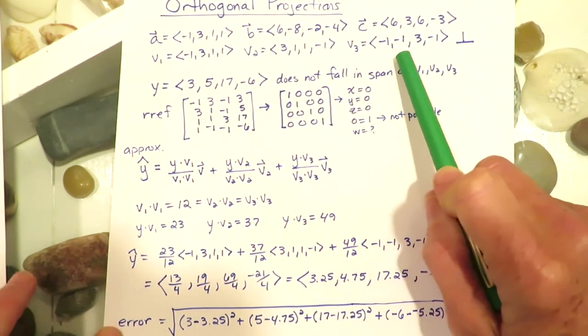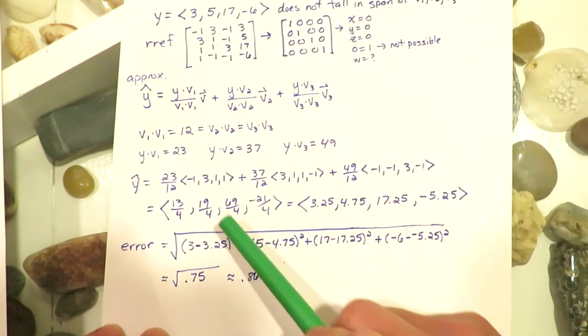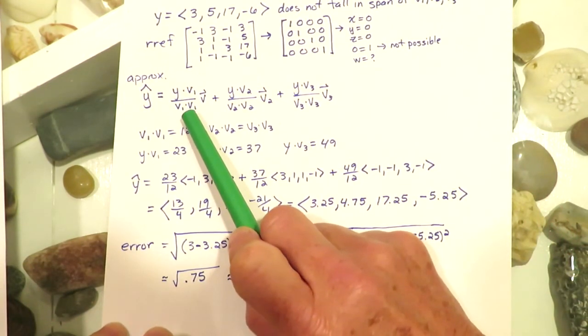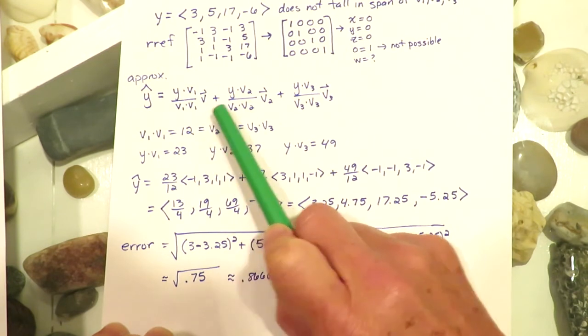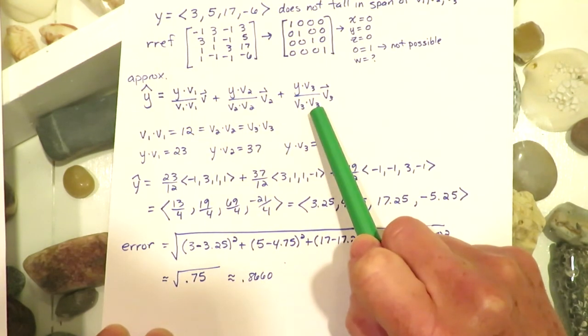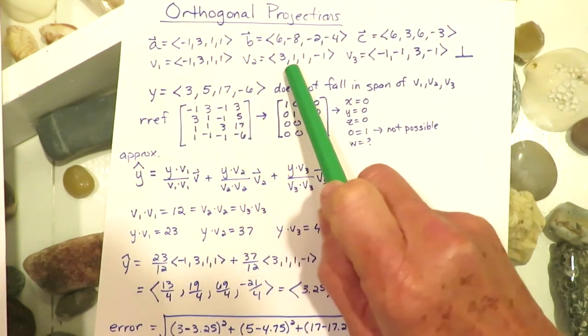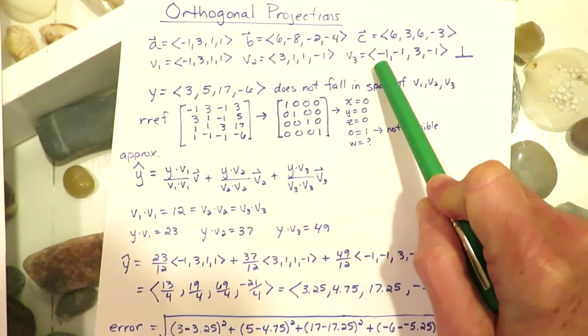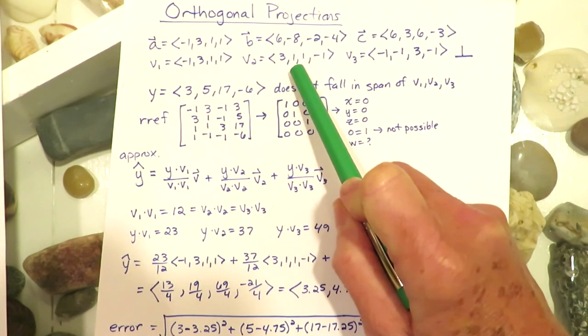But we want to approximate it in the span. So we're going to follow the same idea that we did earlier. We're going to find the projection of Y onto the other vectors that form the span. So onto V1, onto V2, and onto V3. For our three vectors here, notice they're combinations of 1 and 3, and so they all actually have dot product equal to 12.